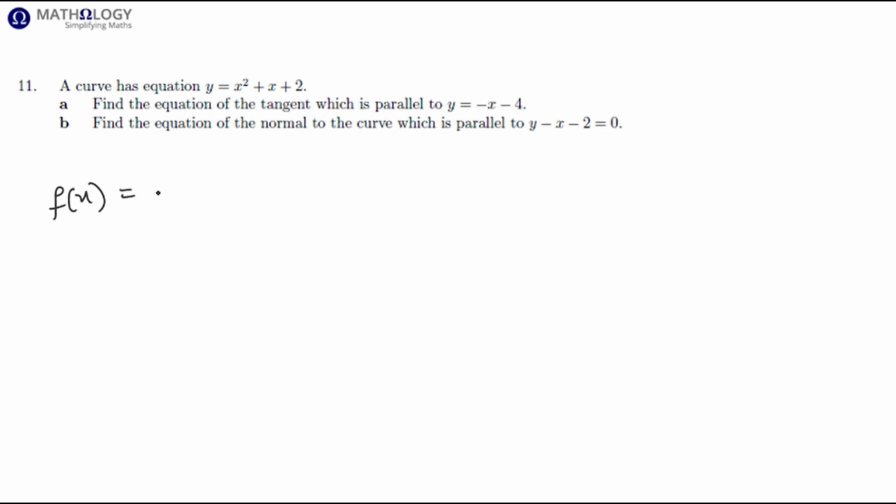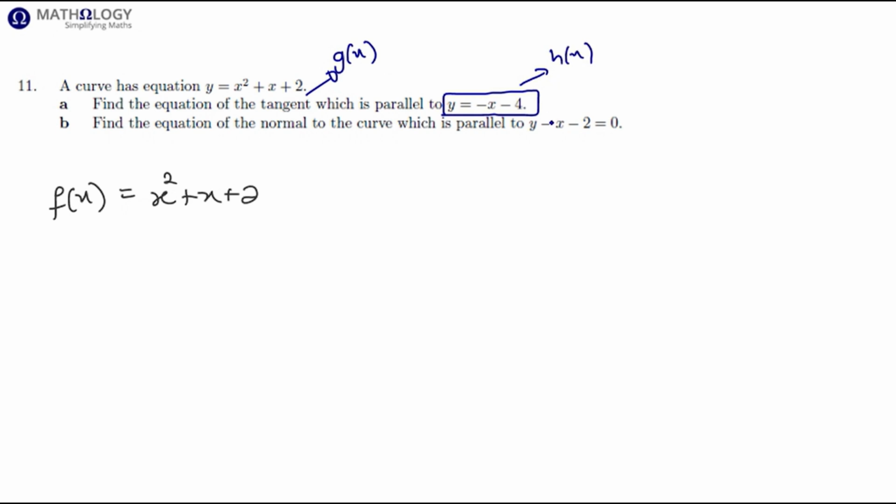So we can call the curve f of x, which is f of x equals x squared plus x plus 2. Then we can call the equation of the tangent g of x, and the line y equals minus x minus 4, let's just call that h of x.